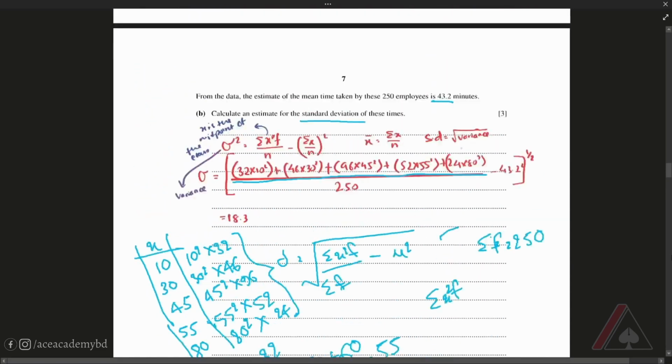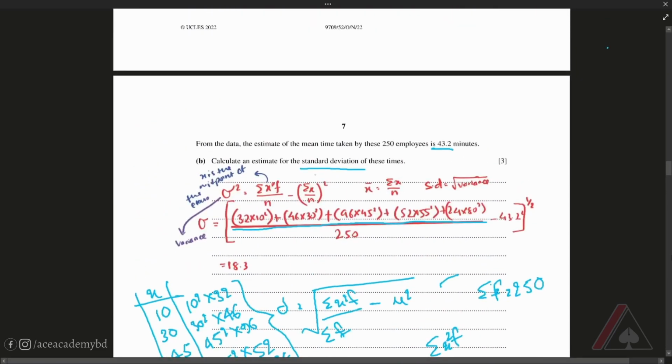Our mean is given as 43.2, so we place 43.2 square in there, and we square root it, so to the power half, and we get the standard deviation 18.3. This will be our answer.